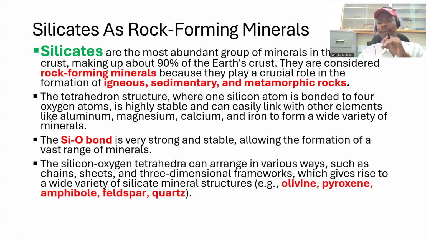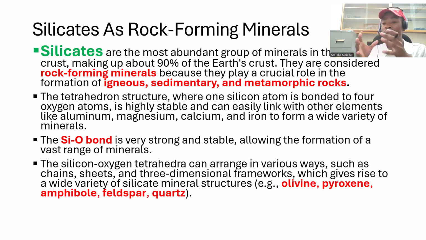These building blocks are arranged or bonded together in a specific way, which forms different silicates, and these different silicates have different physical and chemical properties. You have to think of these as pieces of puzzles.